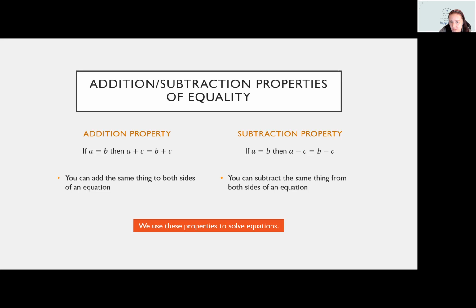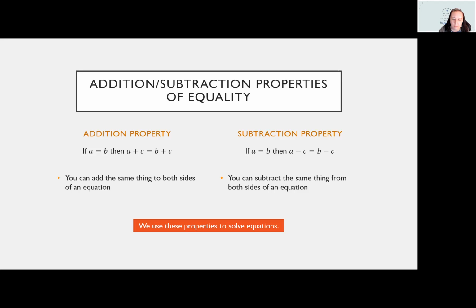In math speak, if a equals b, then for the addition property, a plus c equals b plus c. What this is telling us is that if we have an equation, I can add something to both sides of the equation and it's still true. If you think about it as being balanced, if you want it to stay balanced, you have to do it on both sides.